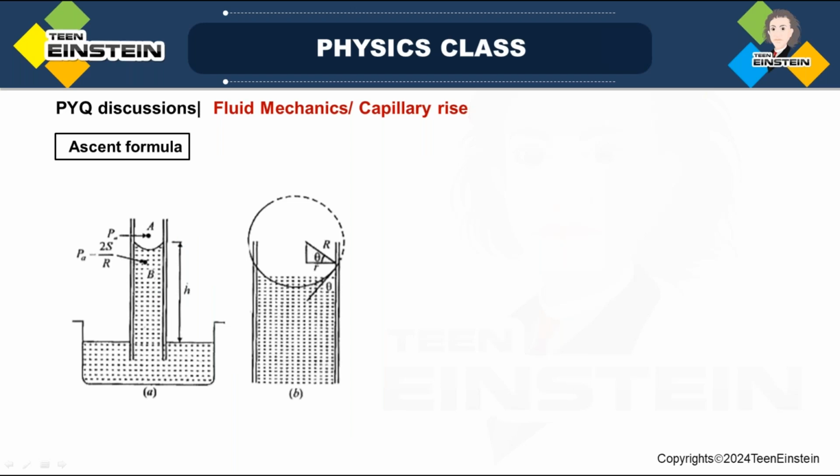Now we'll learn the formula for ascent. That means how much height the liquid will rise inside a capillary tube when you dip a capillary tube of given radius, and if the surface tension of the liquid is given, and also if the angle of contact is given. So what will be given?